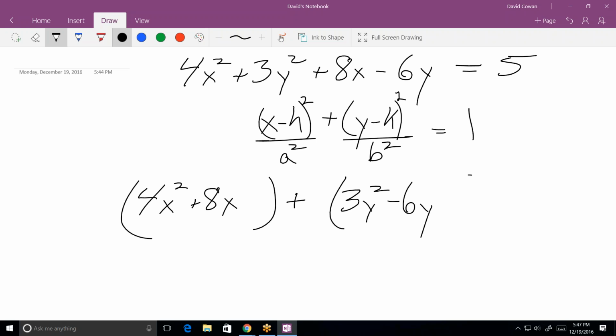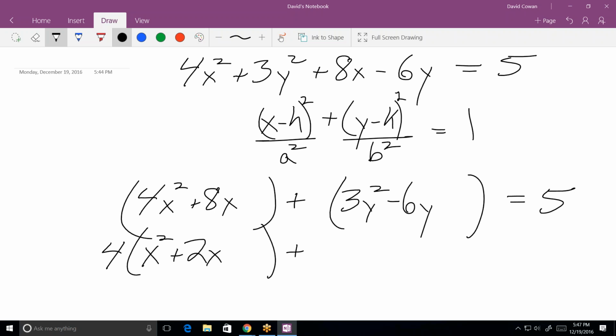The way I tend to think about these is I want to make sure that when I go from this step to this step, I have not changed anything at any point along the way. In other words, you're right, it's completing the square and factoring out that coefficient, but just make sure you do not change things from step to step. Is this exactly the same as the previous step? And it is.